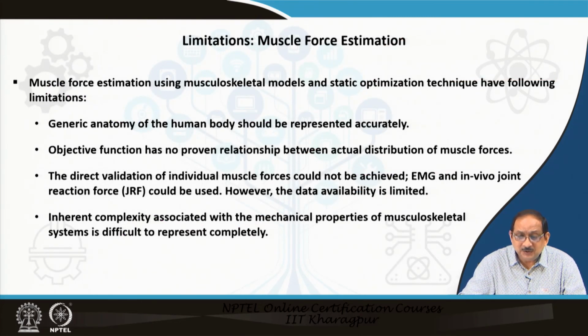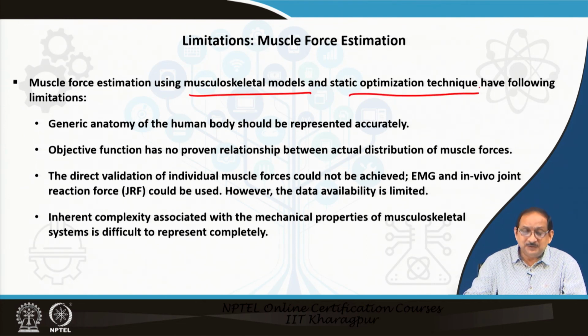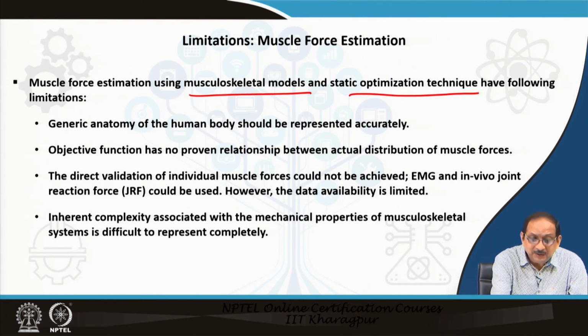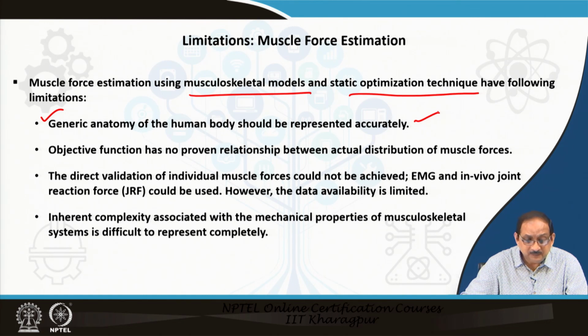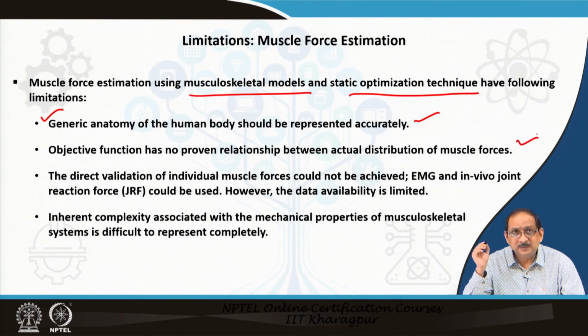Let us now state the limitations of this muscle force estimation method. So, muscle force estimation using musculoskeletal models and static optimization technique have the following limitations. The generic anatomy of the human body should be represented accurately as far as possible. Objective function has no proven relationship with the actual distribution of muscle forces.